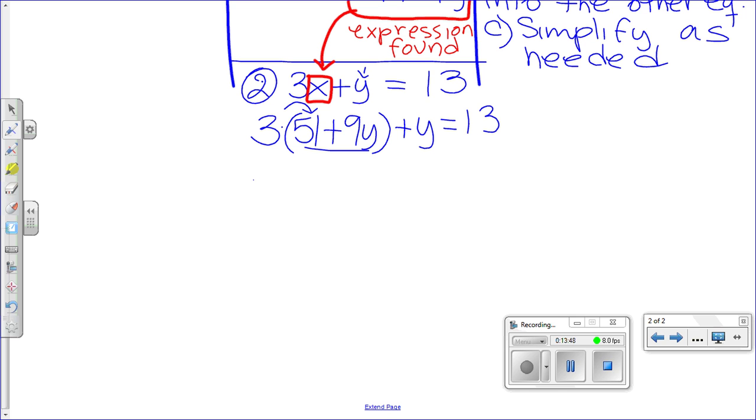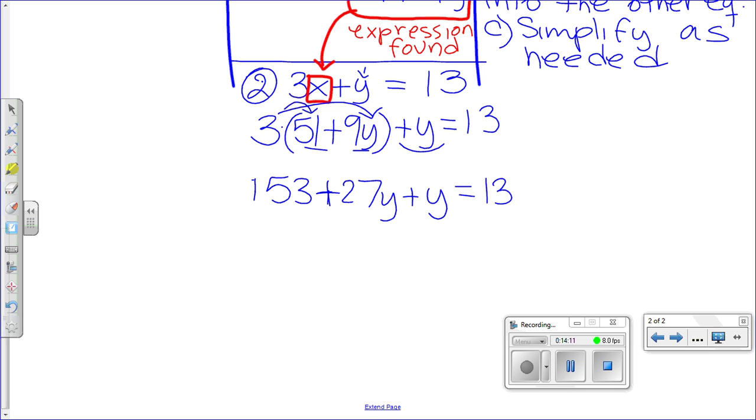So it will be 3 times 51, that will be 153. And then 3 times 9y, that will be equal to 27y. And then let's not forget that we still have a plus y and a 13. And let's add to our step and combine like terms.